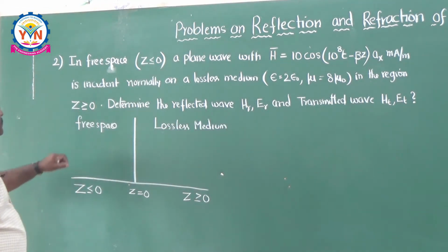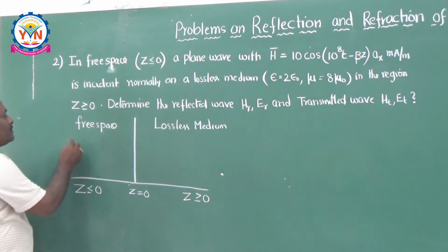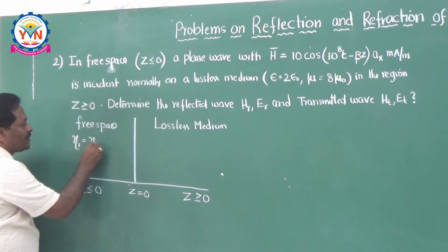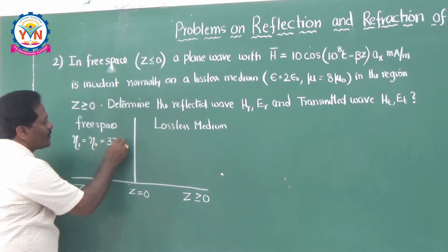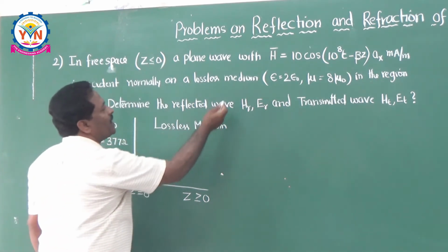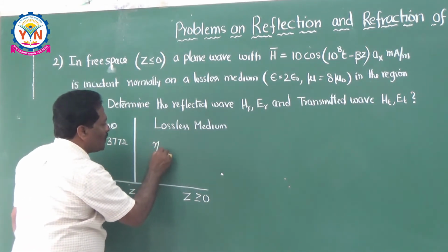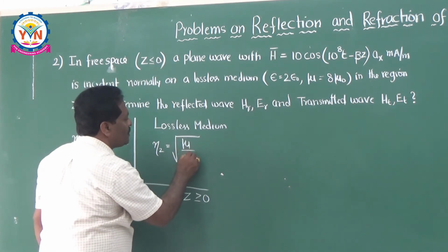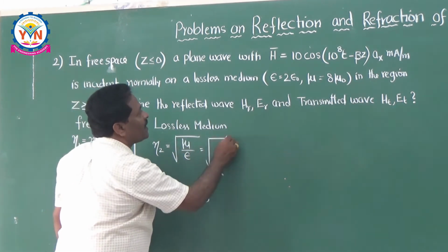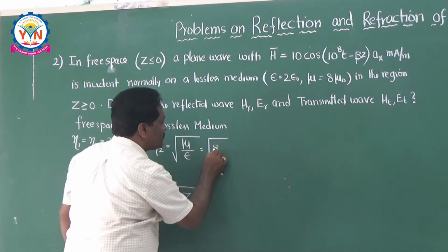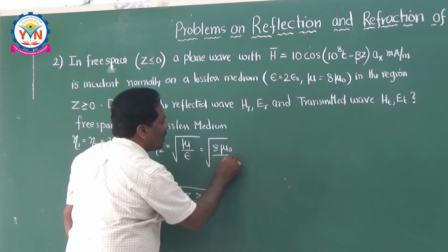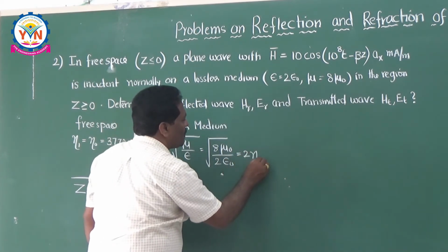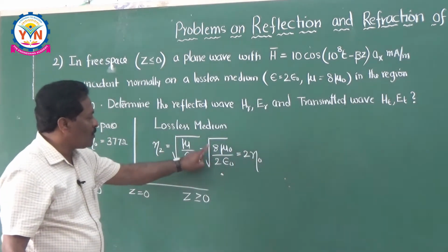For free space, as you know very well, eta 1 is equal to eta naught, that is 377 ohms. Whereas for the lossless medium, eta 2 is equal to root of mu by epsilon, which is 8 mu naught divided by 2 epsilon naught, that is equal to 2 eta naught, because 8 by 2 is 4 and the square root of 4 is 2.